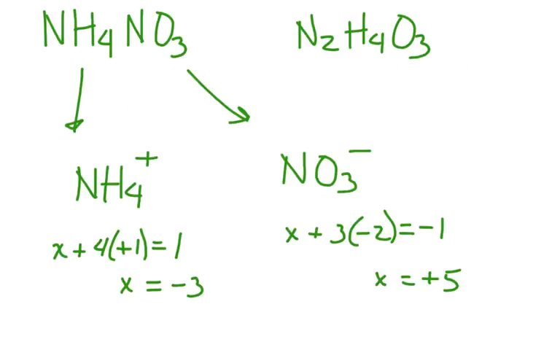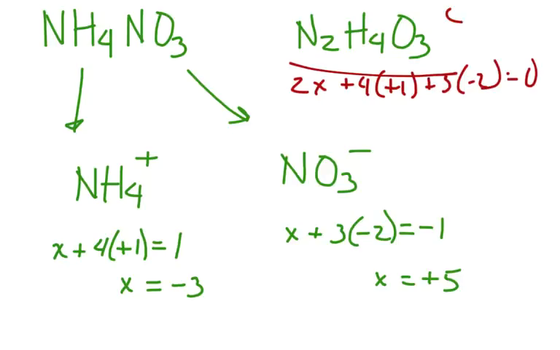Now, sometimes it's a little bit trickier, especially this one here, ammonium nitrate. You might think, let's just put this together as N2H4O3, and then we'd have 2 times X plus 4 times +1 plus 3 times -2 equals 0, because this has 0 charge. But that's going to give us the wrong answer. We have to do this as 2 separate ions, because nitrogen is surrounded by different ions and has different oxidation states.